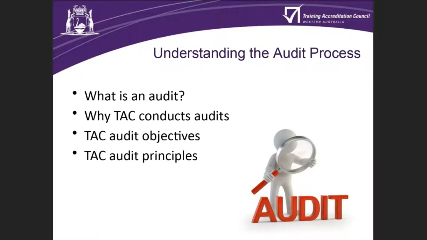That will allow the auditor to justify any decisions made as a result of the audit, but also allow the RTO to fully understand what's being looked at and what the outcomes are, and how to improve if there are improvements to be made, and to ensure that they are continuing to offer quality training and assessment.